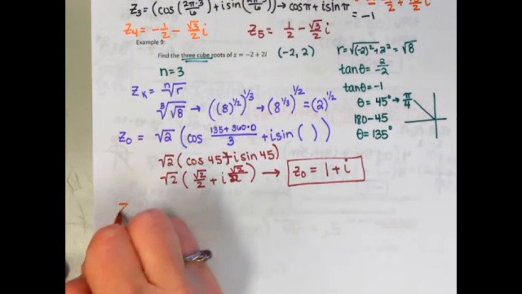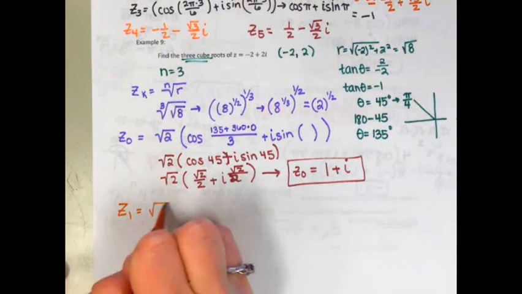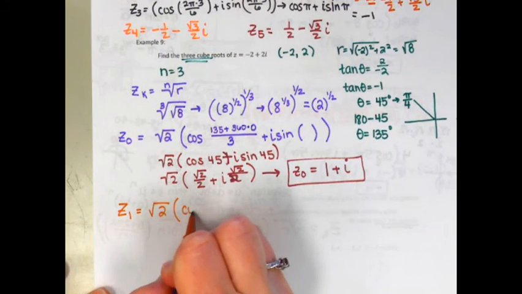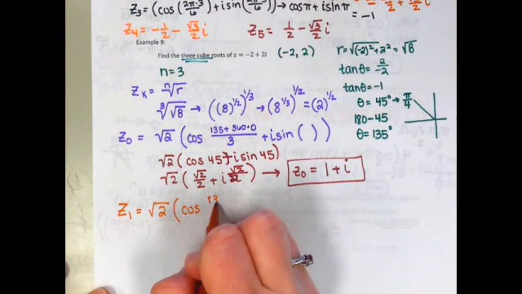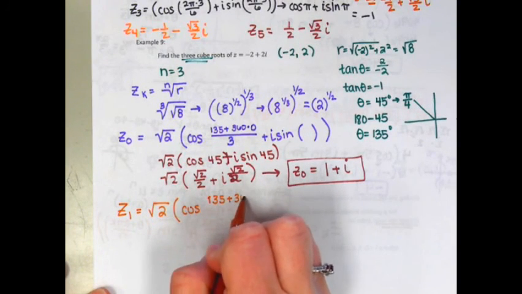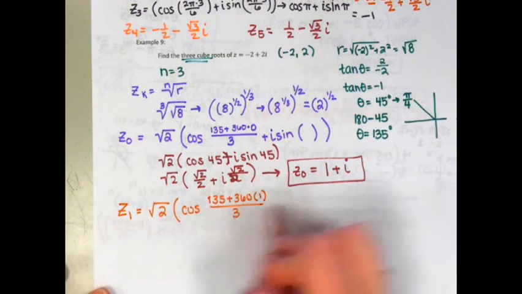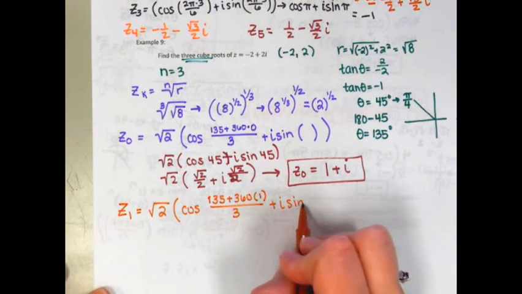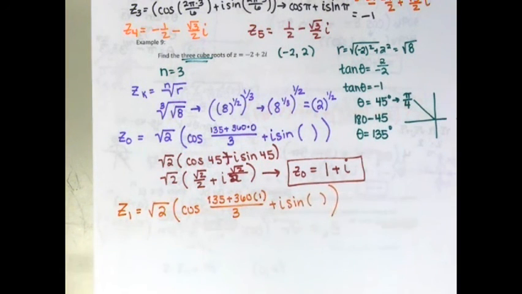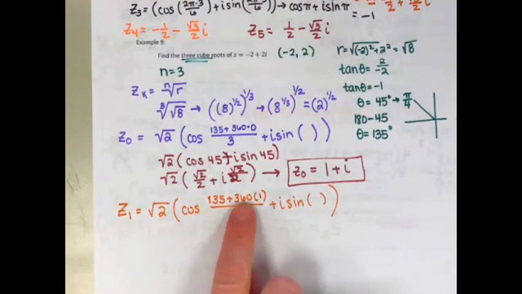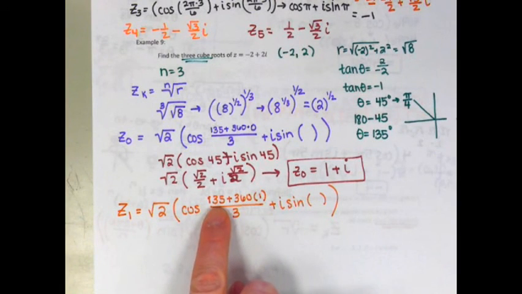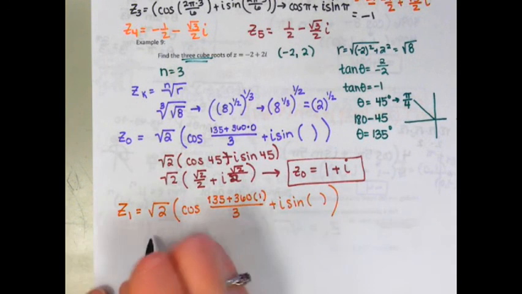All right, let's do z to the 1st. So again, radical 2 is staying. Cosine of 135 plus 360 times 1, because now my k is 1, over 3, plus I sine of that exact same thing. I'm not rewriting that. All right, in your calculators, what's 360 times 1? 360. 360 plus 135, divided by 3.